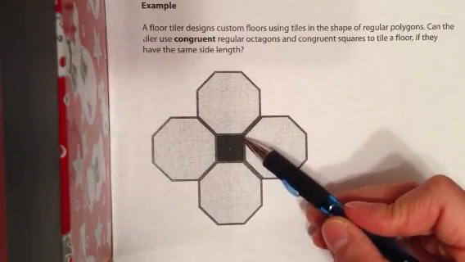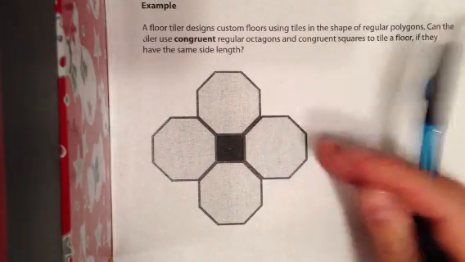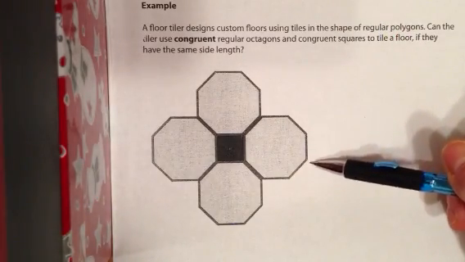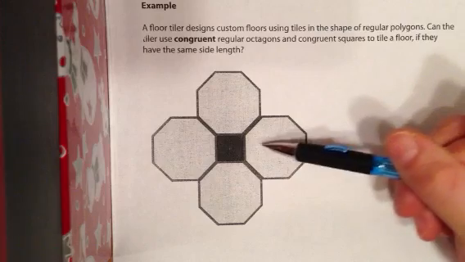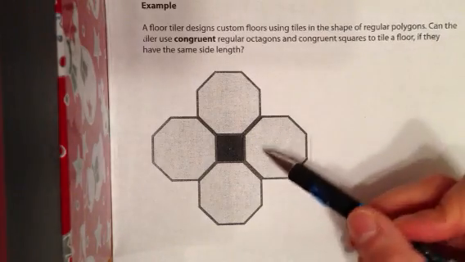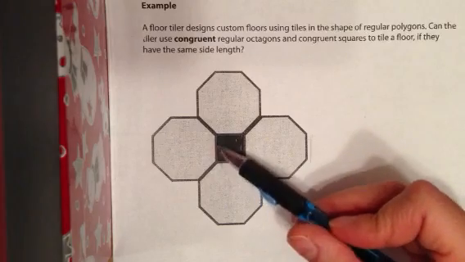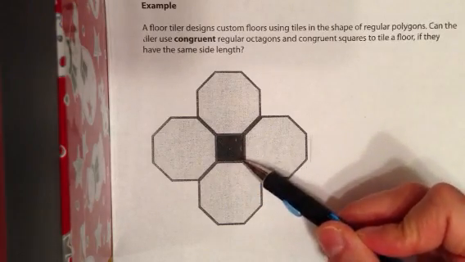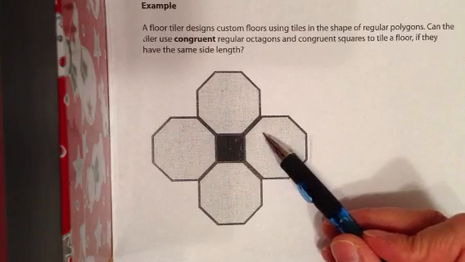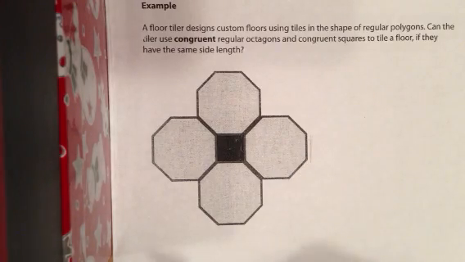So if I took this octagon and pulled it out, does this length here equal this length on the square? Does it work? Now if you think about it, a square has corners of 90 degrees. So all these corners of the square are 90 degrees, and these are exterior angles outside of these octagons.